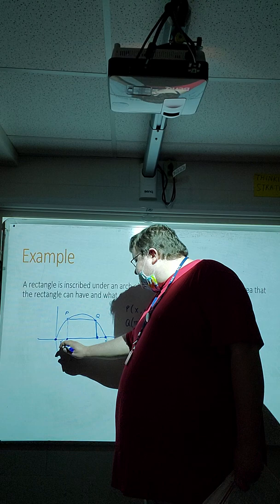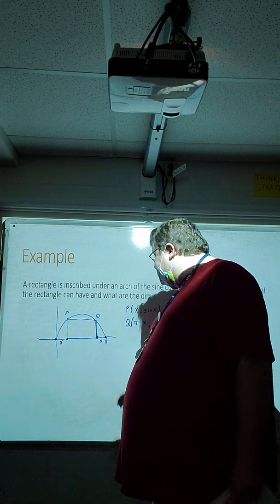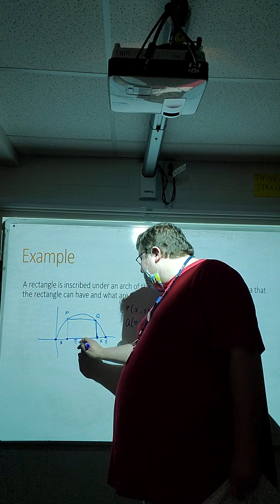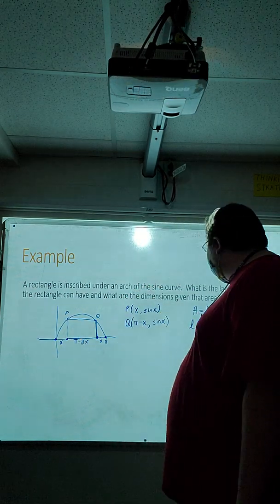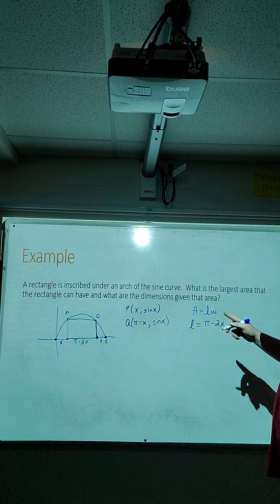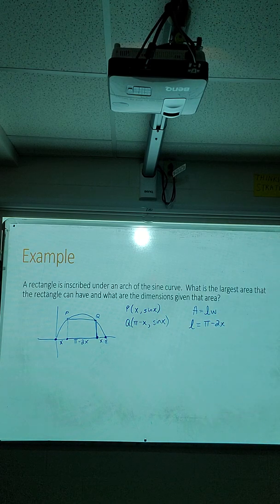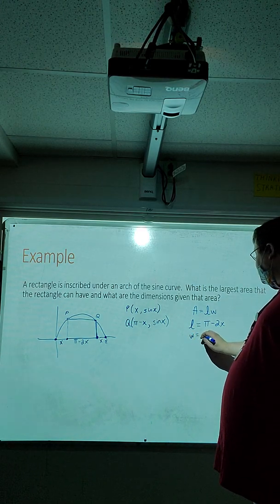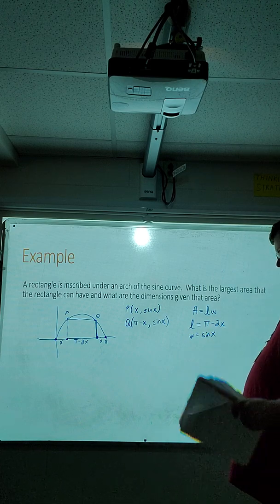If this is x and this right here is x, then this distance is going to be pi minus 2x. So the length is pi minus 2x because I'm going to subtract off the x on either end there. So pi minus 2x is my length, and my width is sine of x.